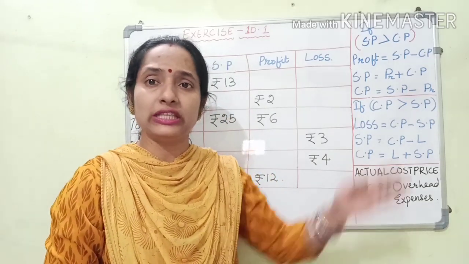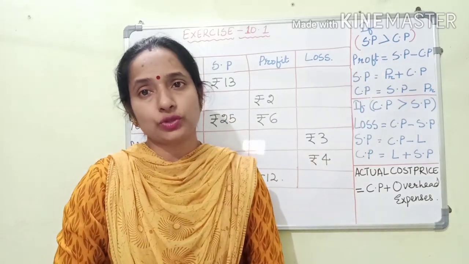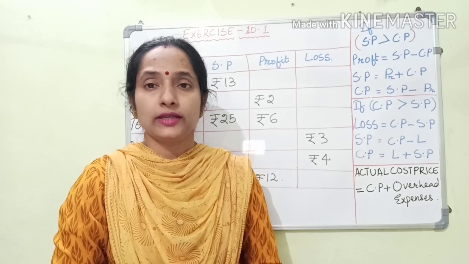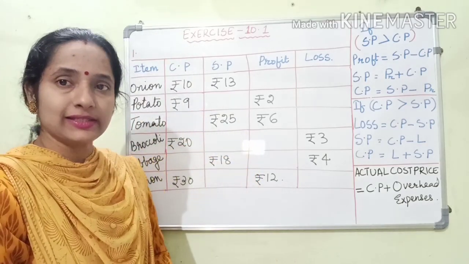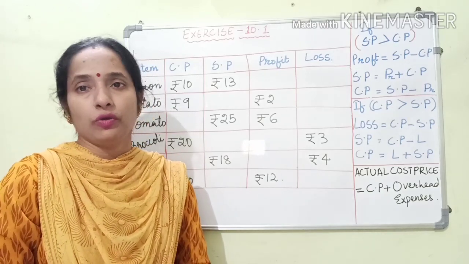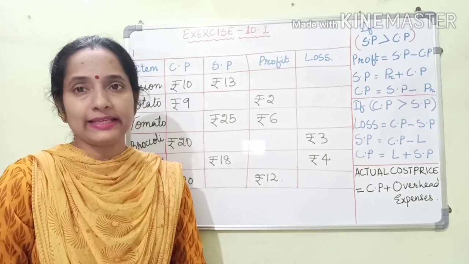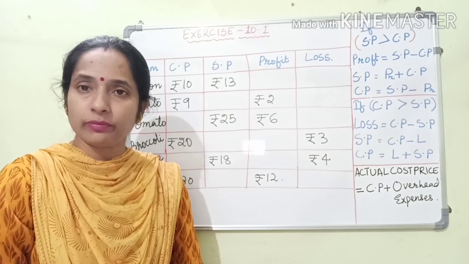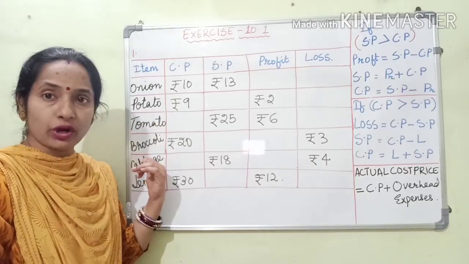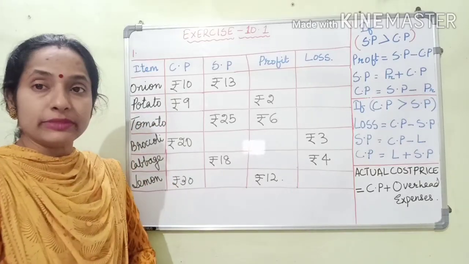Now based on these formulae, we are going to solve the sums given in exercise 10.1. Here is the first question of exercise 10.1, where Surinder is a merchant who wanted to sell his vegetables, that is onions, potatoes, tomatoes, broccoli, cabbage and lemons.